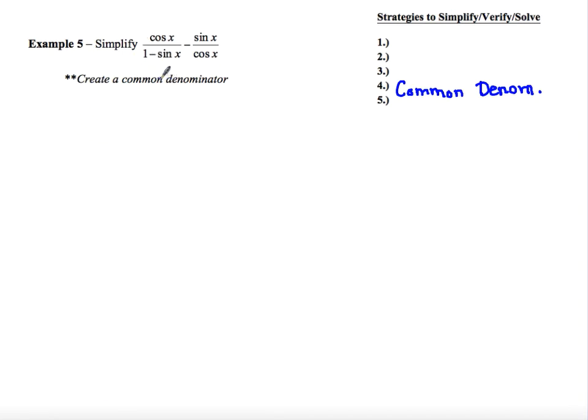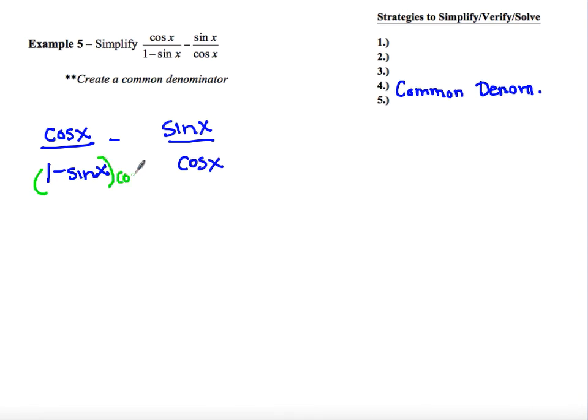As we create a common denominator here, we notice that neither denominator has any common factors with one another right now. I'm going to just space these out so I have a little bit of room to write what I need there. Since neither denominator has anything in common, in this first fraction, I'm going to multiply by the cosine on the top and on the bottom.